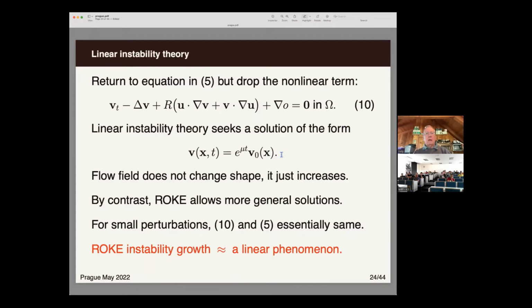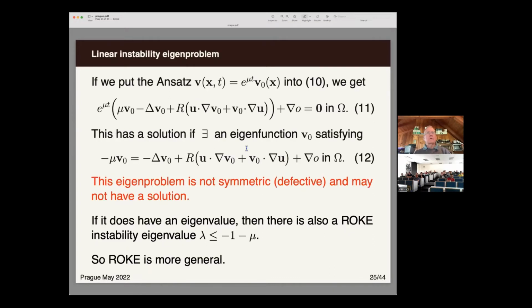We will see that that's quite different. So if you put this ansatz into this equation, the exponential term comes out, and you get an equation which is an eigenvalue problem for the spatial velocity v naught that would be constant in that exponential growth.